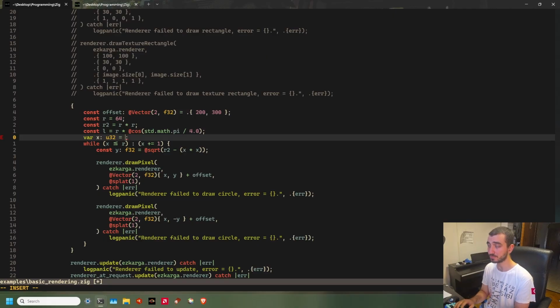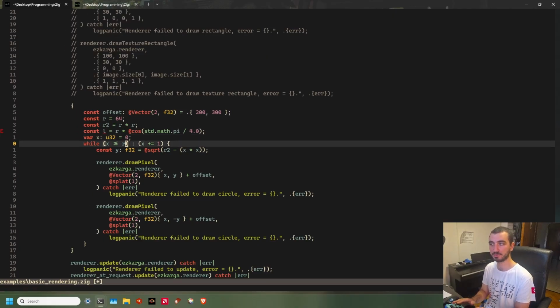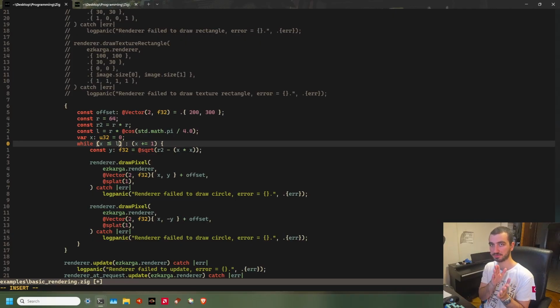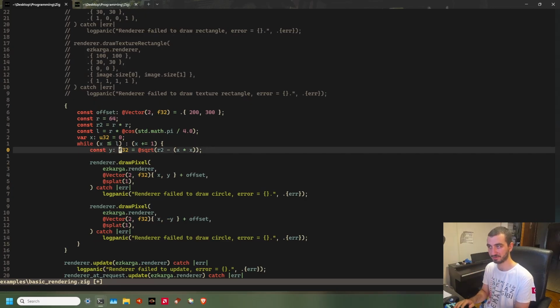So anyway, we're going to be starting from 0. Right, and we're going to be iterating from 0 to L. This is one portion of the circle. We're going to be incrementing by 1, and y is also going to be u32, and we're going to be using the standard library square root function.